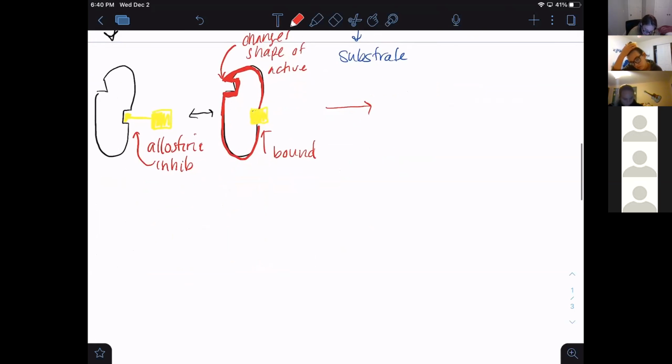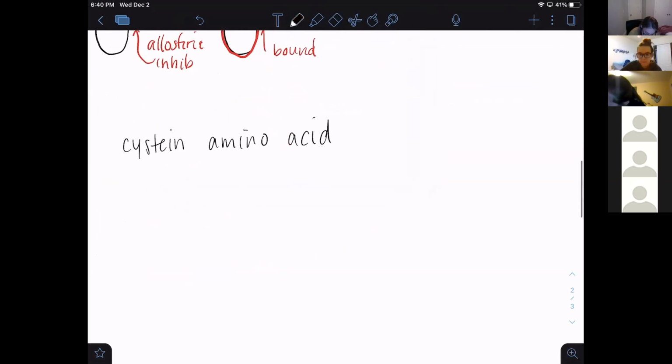So here's cysteine. So if I were you, the first thing that I would do is make sure that we can draw out the backbone of the amino acid. So let's do that. We have our NH2, right? Everybody agree? And then what?